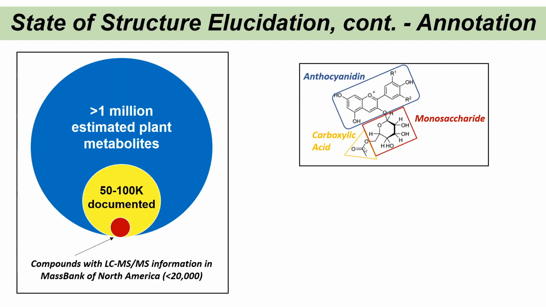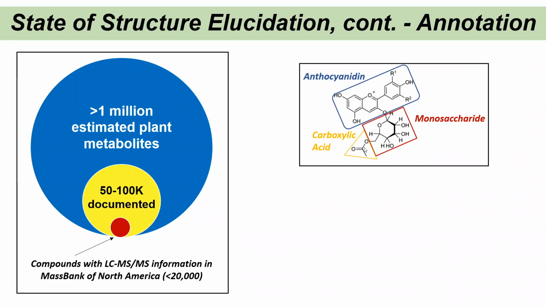I mentioned that within publicly available mass spectral databases, there's only a small fraction of metabolites relative to the total number of plant metabolites estimated to exist across all plants. So when people perform untargeted metabolic studies on plants, often the majority of the metabolites that you detect go completely unidentified.